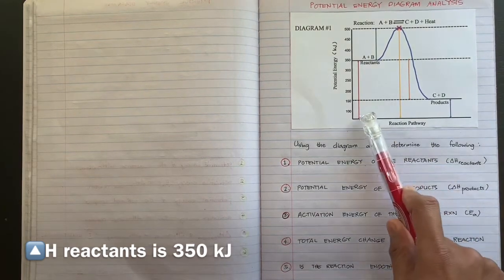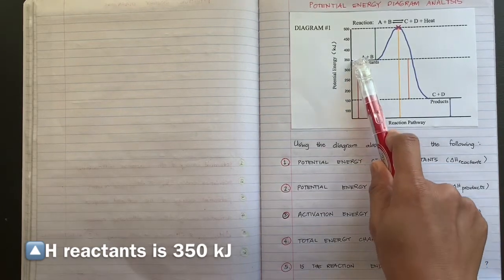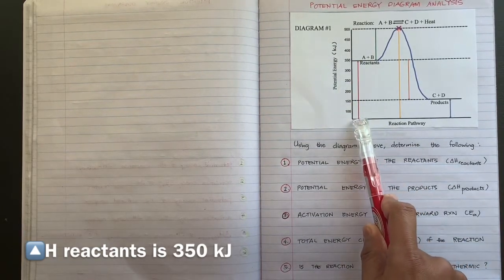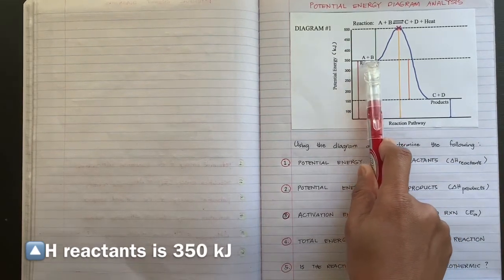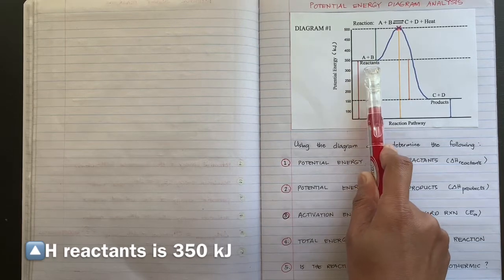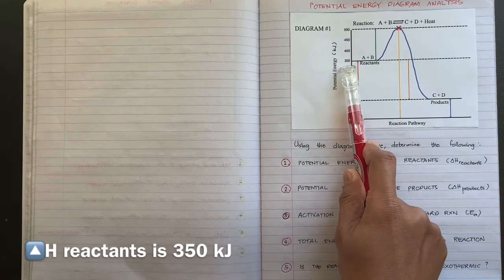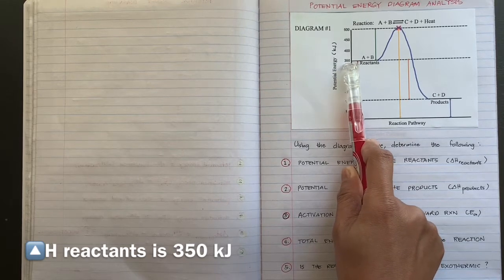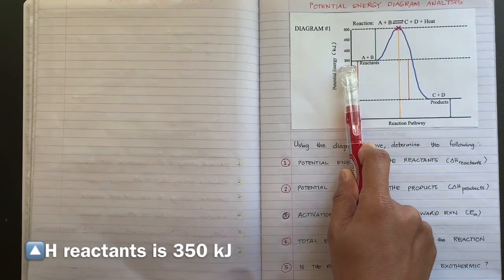Obviously, by looking at the graph, the red line represents the one from the X to where the reactants are. Because this is where the starting point is, the reactants have a potential energy equivalent to where the line is, and that is equal to 350 kilojoules.